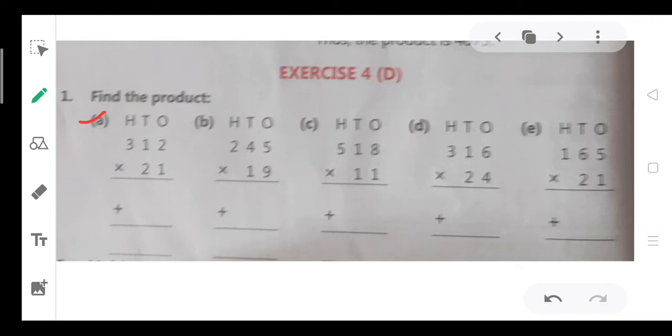Here is very less space, so I am not able to explain you here. Again we have to search white blank space, there I will explain this question. So question is 312, you have to multiply it by 21.